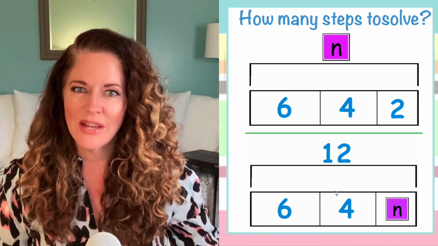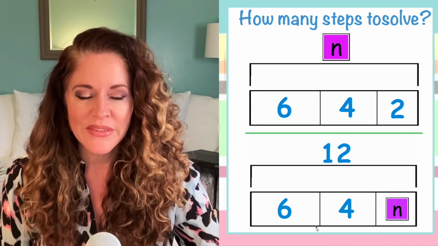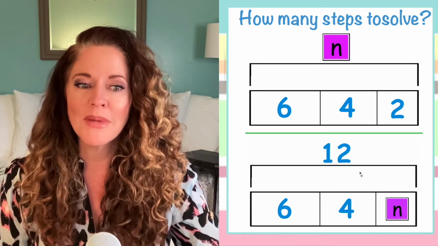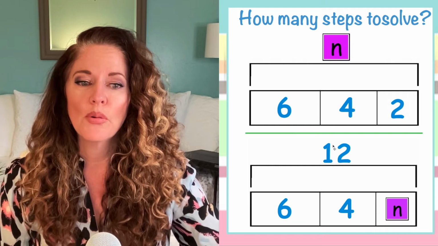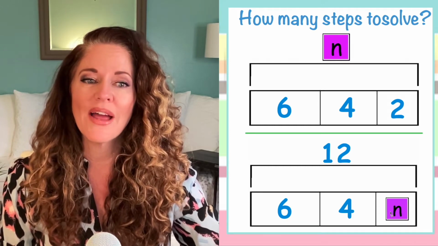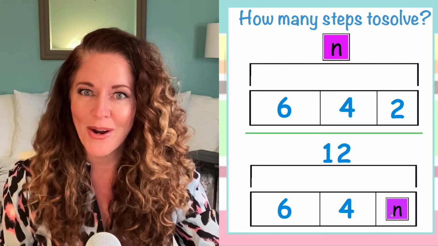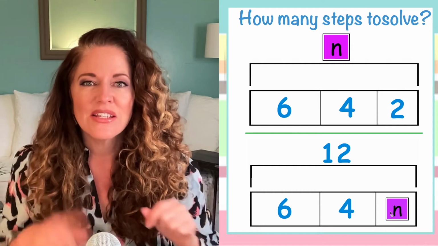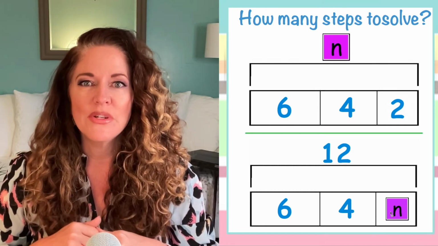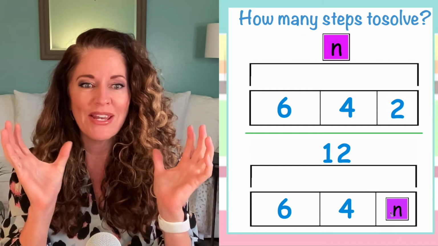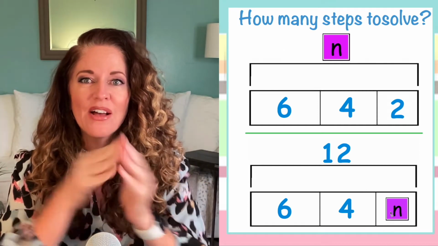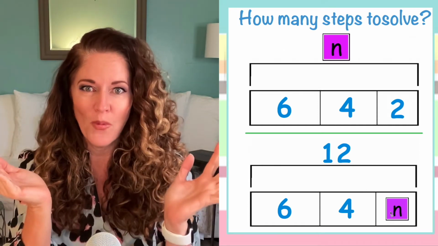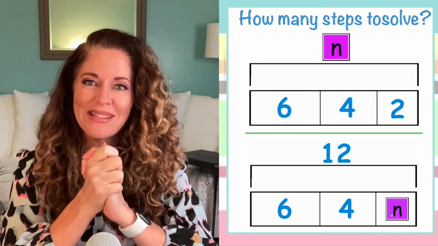Same thing, especially down here when we're missing a part. Take a look, we've got a 3-part problem here. I've got to pull out 6, pull out 4, and then I'll be left with that last part, which is my answer. To solve this problem, we take the parts that we know and put them together. So we would take 6 and 4 and put them together to make 10.